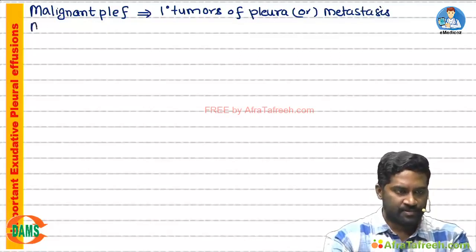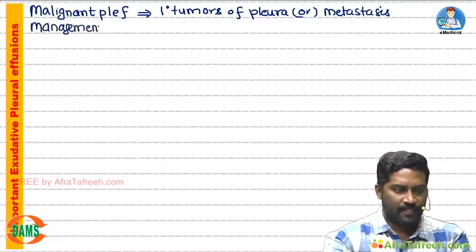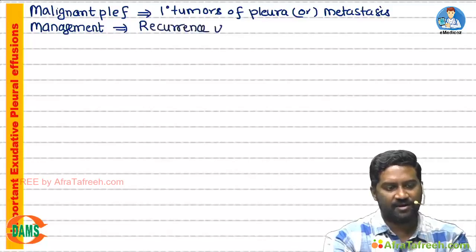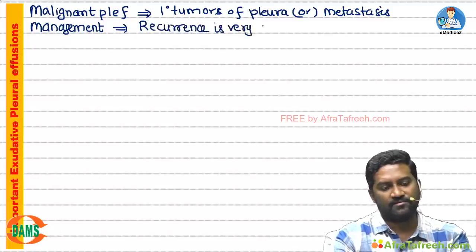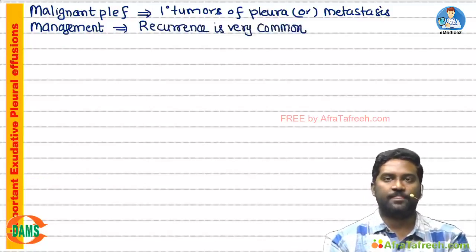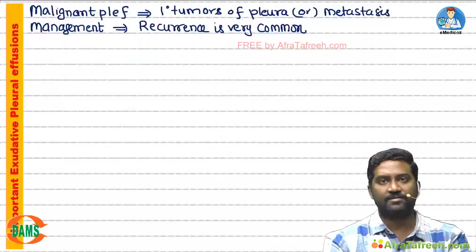Now coming to management of malignant pleural effusion. The biggest problem is recurrence. Recurrence is very common. Even if you aspirate today, after a few days the pleural fluid will reaccumulate.